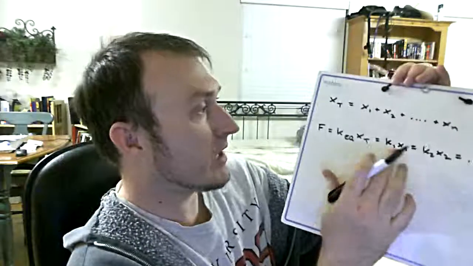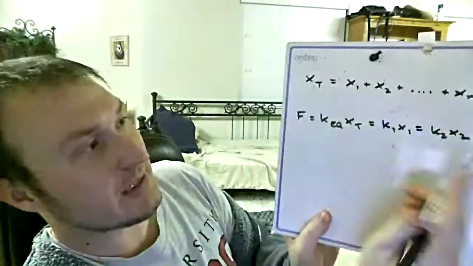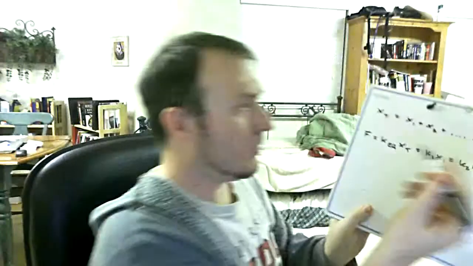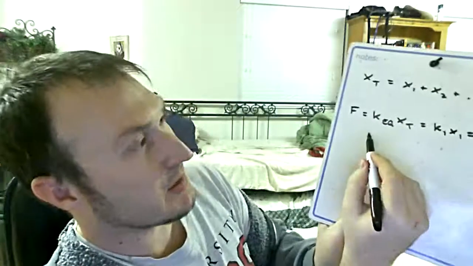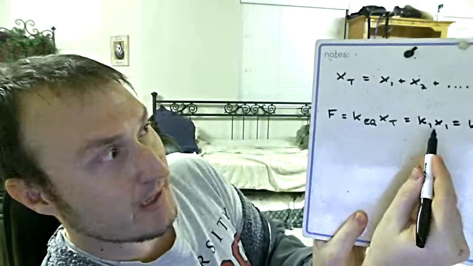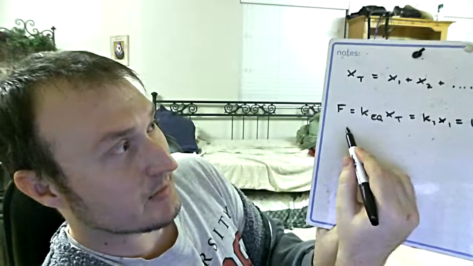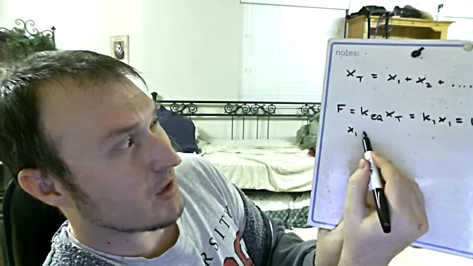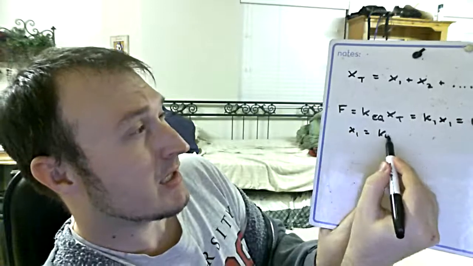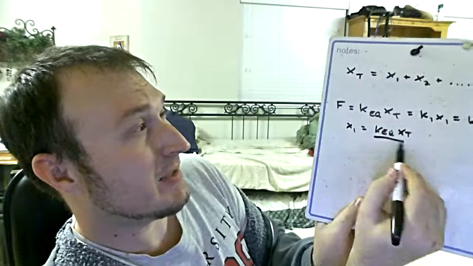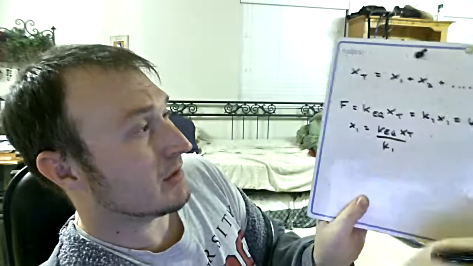What I want to do is get x sub 1, and so I would want to solve for x sub 1 to substitute up here. So I guess I'll need to leave both of these. But if I was to solve for x sub 1 using this in terms of KEQ and x sub t, then I would get x sub 1 equals KEQ x sub t divided by k sub 1.